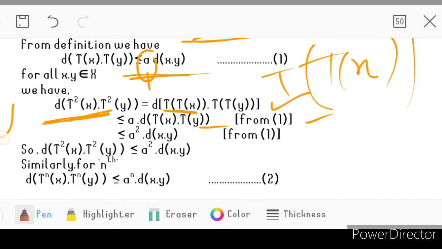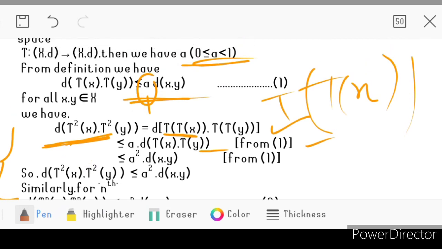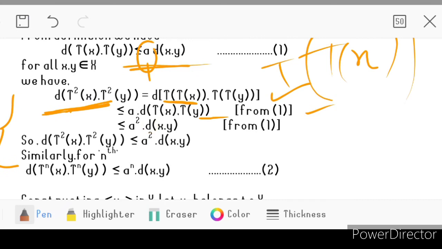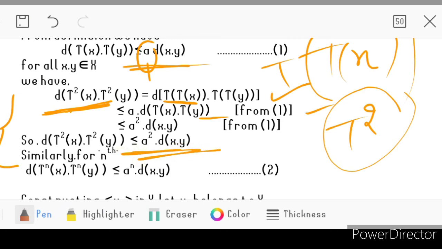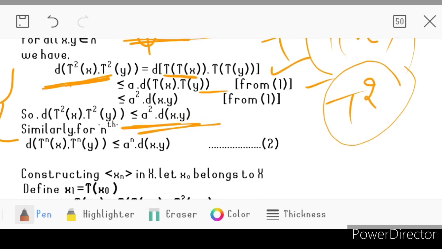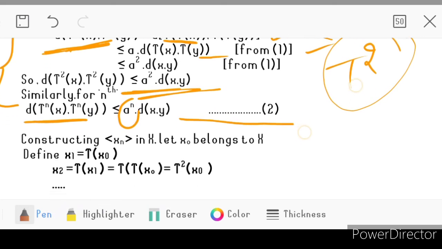As you can see, if we notice the pattern, when the power of T was 1, we took one alpha common. Similarly, when we took the square of the transformation, we got alpha square. So in a similar way, if we apply the transformation n times, we will get alpha to the power n, and we are naming it as equation number 2.